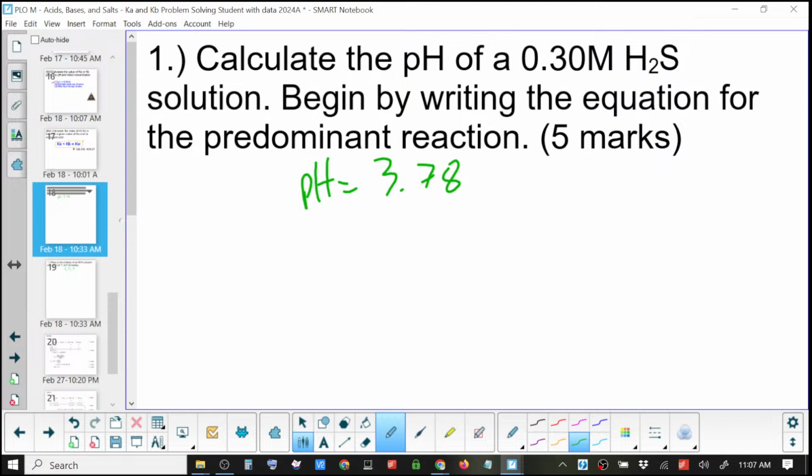But your overall form was right, you just flipped it. And then pH is going to be your X value down at the bottom. Okay, keep going from there.